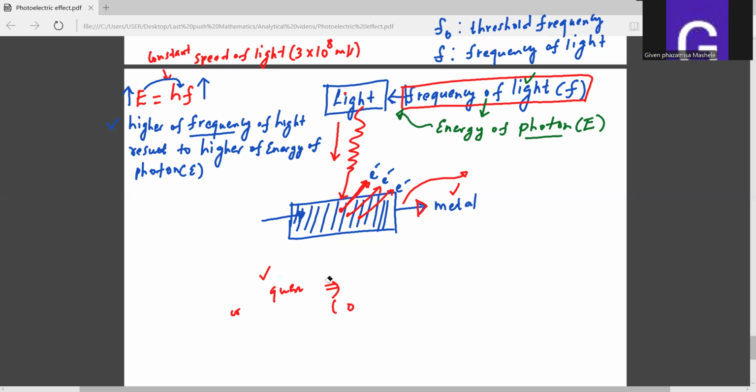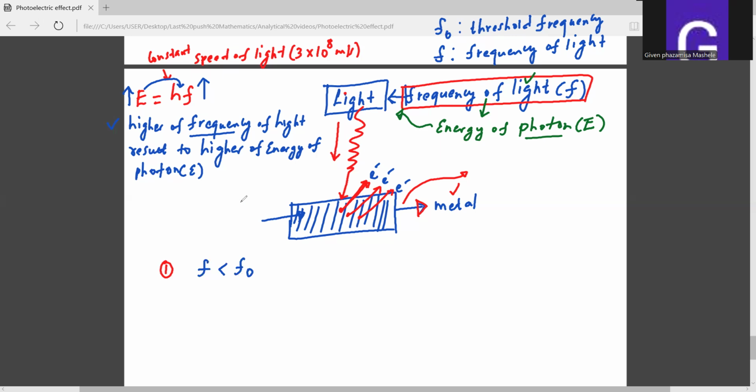Right. If frequency of light, that's a condition. Number one, if the frequency of the light shines onto the metal, but you find that the frequency of the light is actually less than the cutoff needed by the metal, less than, not bigger than, but less than.